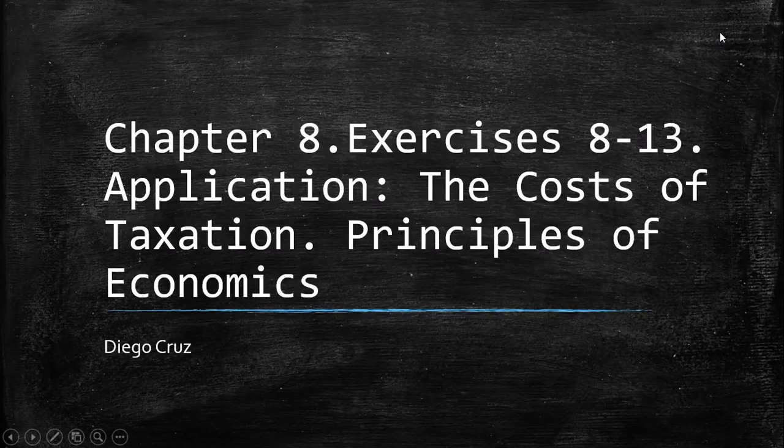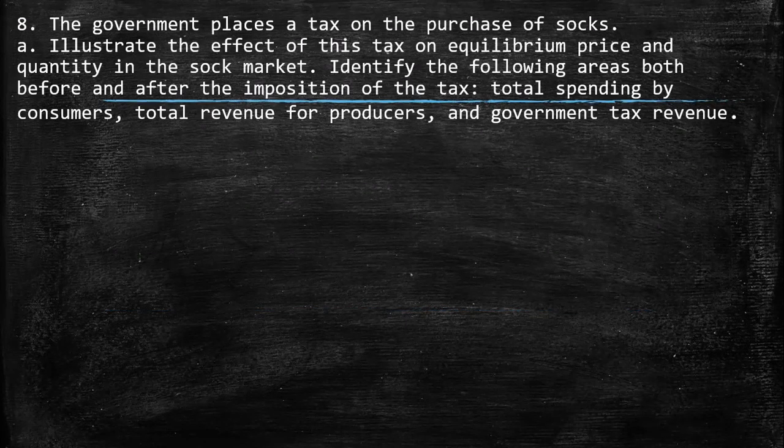Everyone, in this video we're going to solve the exercises from 8 to 13 of the chapter 8 application, the costs of taxation. This is a book of Principles of Economics by Gregory Mankiw. So the number 8 problem says the government places a tax on the purchase of socks.